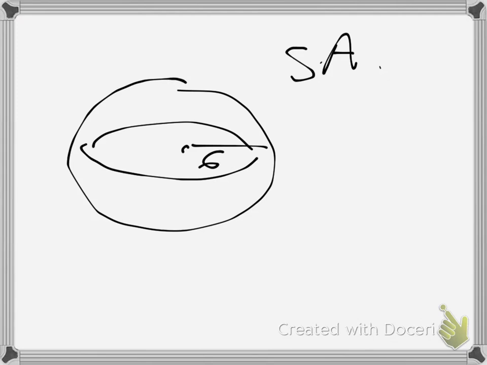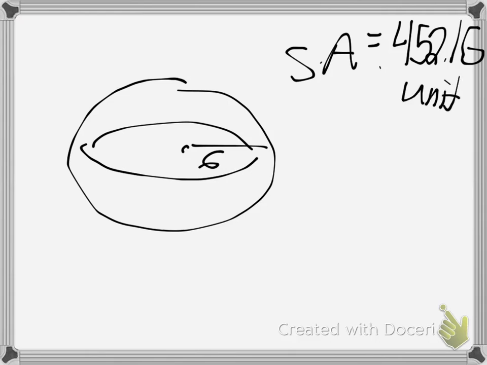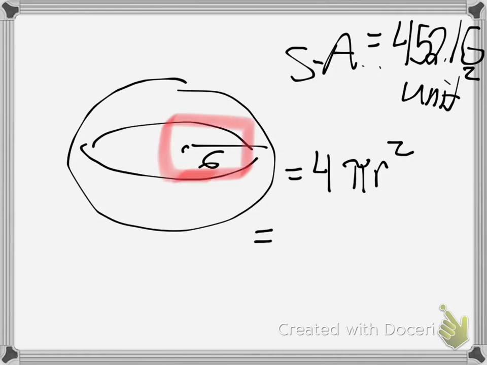Alright, you should have found that the surface area equals 452.16. And I didn't give you a unit, so it would have been units squared. You would have found this by saying surface area equals 4 pi r squared. We're given a radius, so we don't need to solve for it. So we plug in 6 for r, and then we're going to solve.